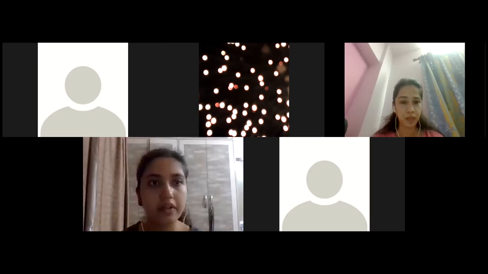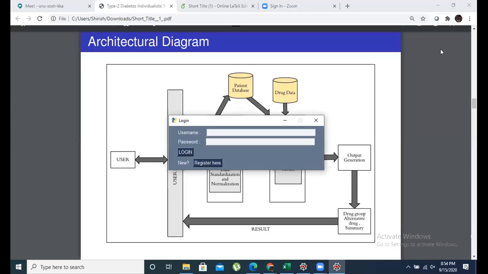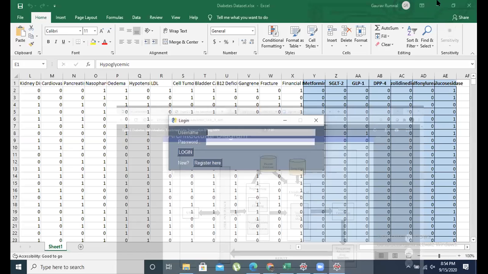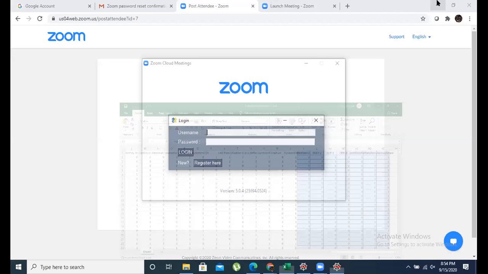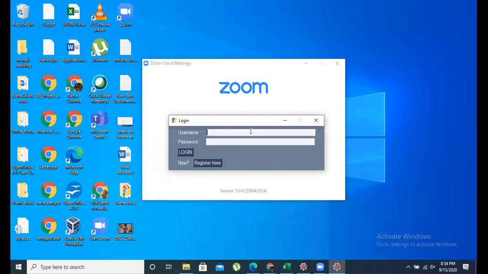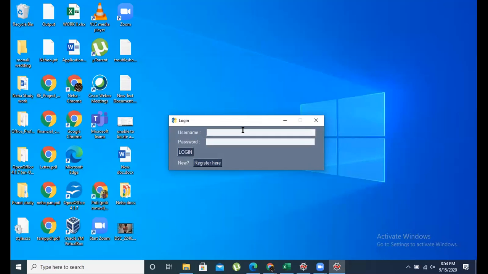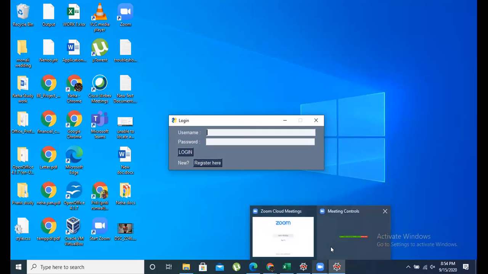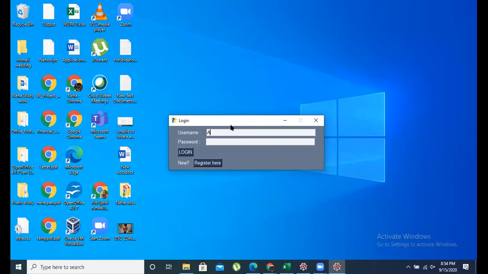Hello. So I'll be explaining the GUI which we have. First of all, a doctor has to have a proper login, because not everyone can access the information regarding patients, as it can have some critical information.